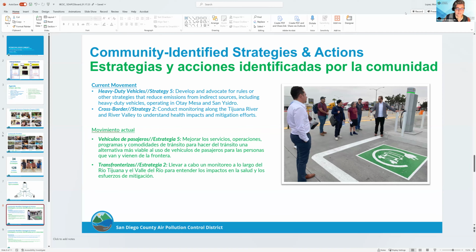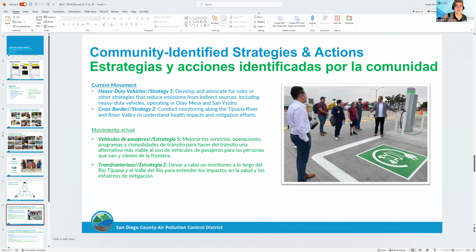So the first is strategy 5, heavy duty vehicle strategy 5: develop and advocate for rules or other strategies that reduce emissions from indirect sources, including heavy-duty vehicles operating in Otay Mesa and in San Isidro. Right now, there is a working group that's looking at doing just this, developing potentially a rule or other strategies to address indirect sources.